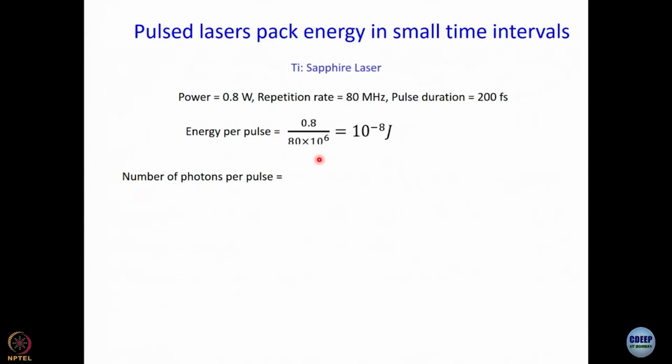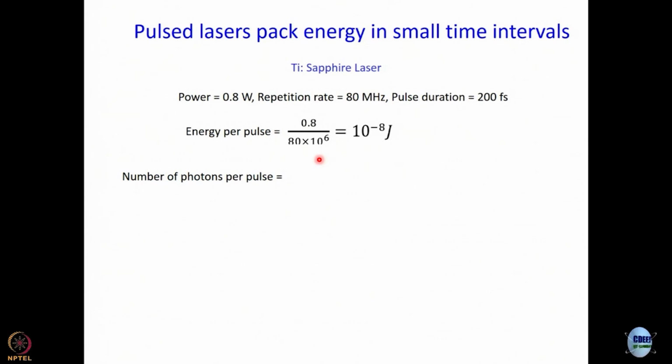So, 10 to the power minus 8 divided by h multiplied by c, and then in the numerator you are going to get lambda, which is 800 nanometer. I am asking for number of photons per pulse. 10 to the power minus 8 multiplied by 800 nanometer means 800 into 10 to the power minus 9, that is the numerator. Denominator is going to be, what is the value of h? 6.626 into 10 to the power minus 34 in SI units, multiplied by 3 into 10 to the power 8.